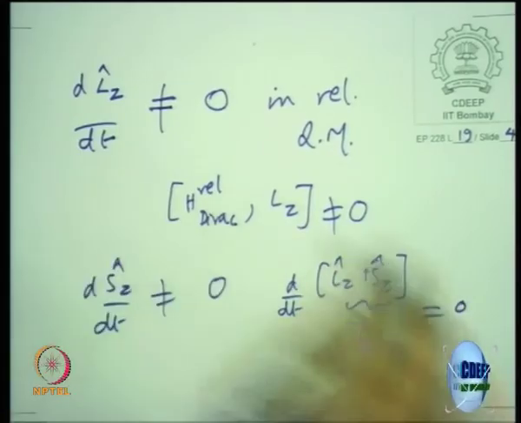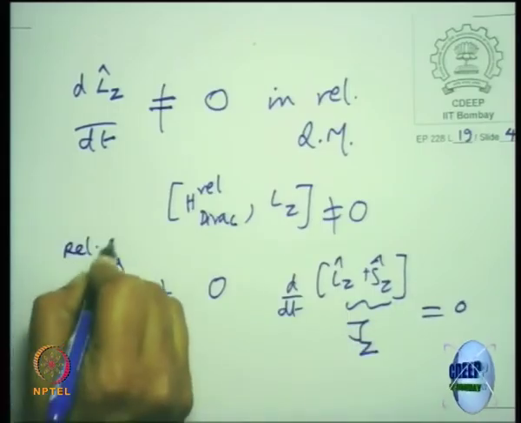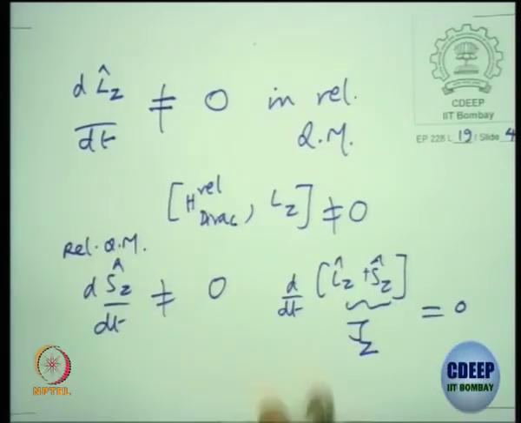So this requires relativistic quantum mechanics, and you can show the properties of Lz and Sz are exactly how its commutator behaves with other components in that space.